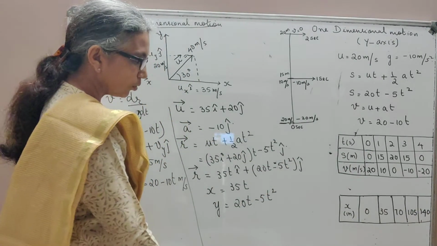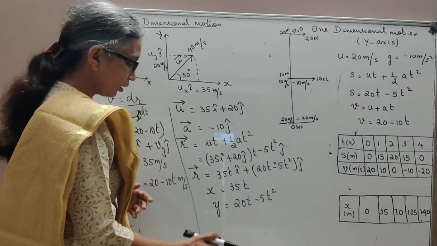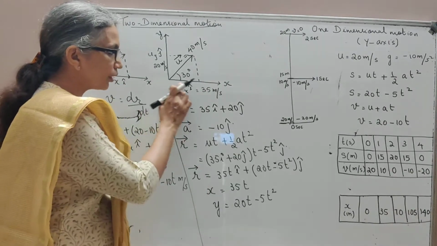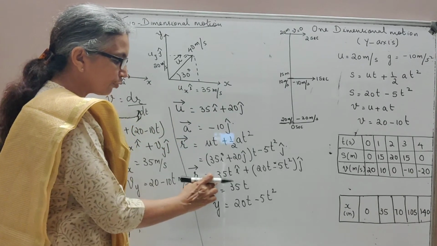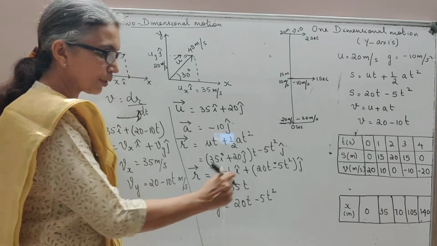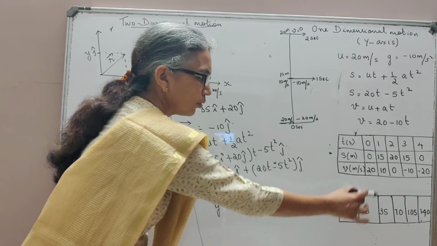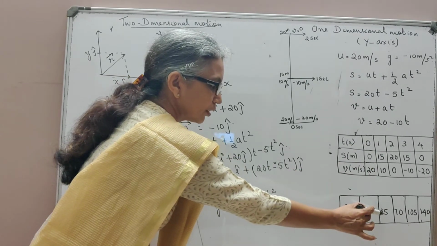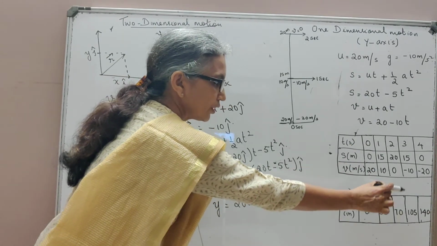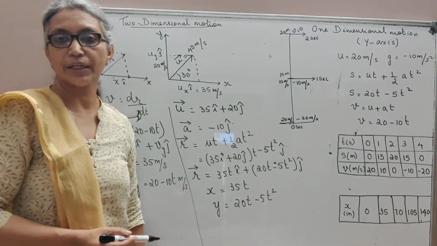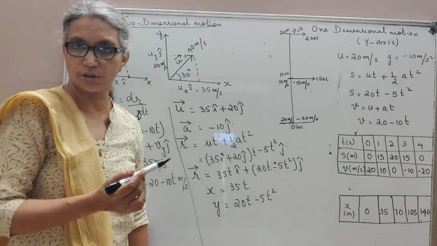Okay. So now if you look at the x-axis, the displacement along the x-axis is 35 times t. If I plot that here, at time t equal to 0 it is 0, then at 1 second it will be at 35 meters, 2 seconds 70 meters, 3 seconds 105 meters, and 4 seconds it will be at 140 meters from the origin.